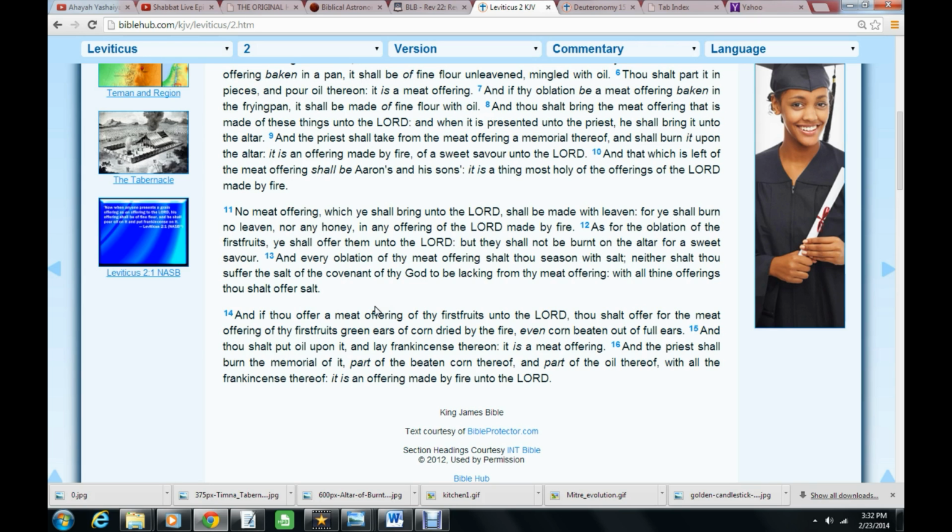In every oblation of thy meat offering shalt thou season with salt, sea salt. Neither shalt thou suffer the salt of the covenant of thy Ahia, the pure white light spirit, to be lacking from thy meat offering. With all thine offerings thou shalt offer salt.